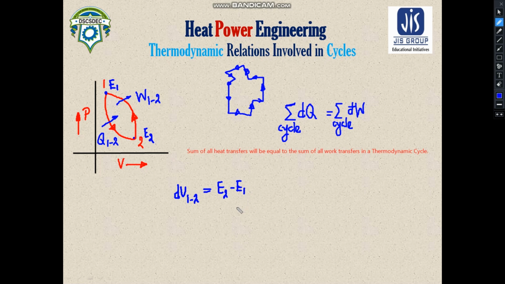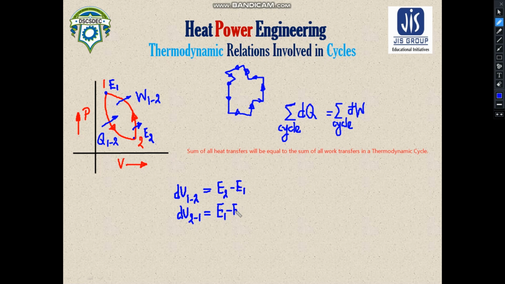Now coming to the next process over here. You will see the internal energy has changed from E2 to E1. For the process 2 to 1, the internal energy has changed from E2 to E1. Then you can simply write du 2 to 1 is equal to final minus initial.